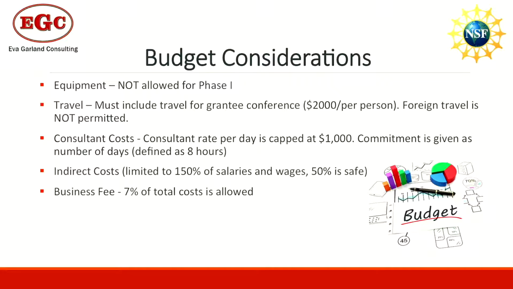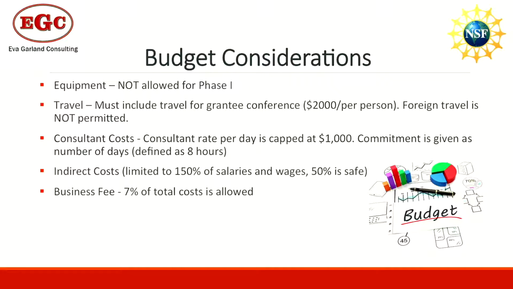Indirect costs are different than NIH, so they're limited to 150% of salaries and wages. However, 50% of salaries and wages is what we usually collect, because that doesn't need to be negotiated or justified.